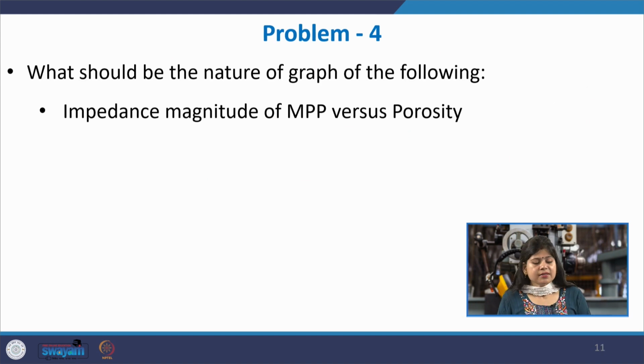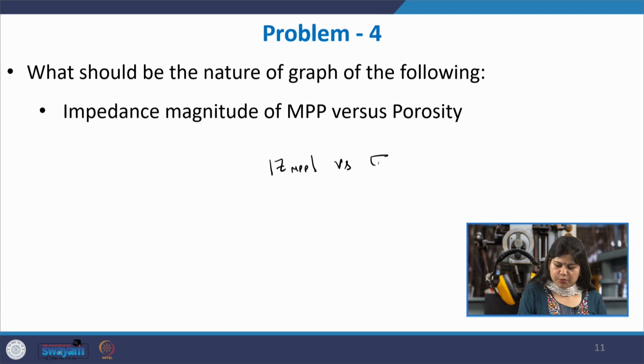Okay. Let us see another problem. What should be the nature of the graph of the impedance magnitude of an MPP versus its porosity? Okay. So, which is the mod of Z_MPP versus the porosity; this is what we have to find.